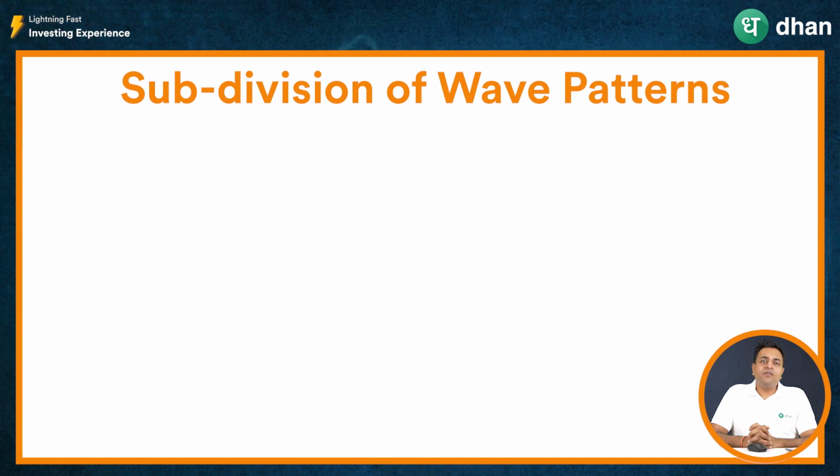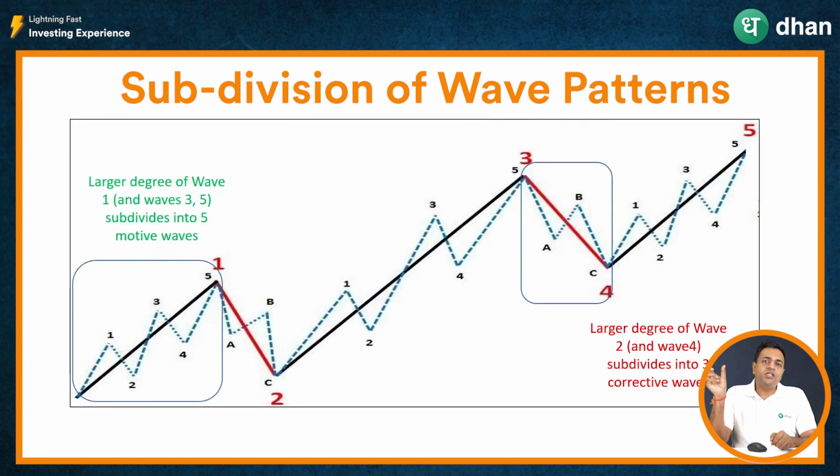Now, when we say that the Elliott wave structure can be plotted and visualized in any chart which has price action, it can be visualized in a monthly chart as well as a weekly chart as well as a daily chart. So, it is very imperative to note that one higher degree wave can also be subdivided into multiple smaller waves. For example, let's focus on the bold line first. This is a typical Elliott wave, as in a motive wave.